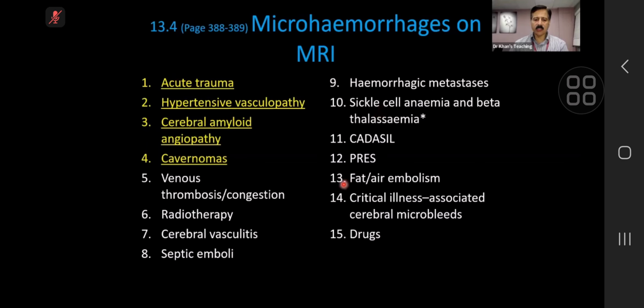Fat emboli is again given here also. And you can well imagine that this patient can come as a long case also: something in the brain, and with that some stigmata of sickle cell in another part of the body. So septic emboli, of course, is an exam case, which you have already mentioned.